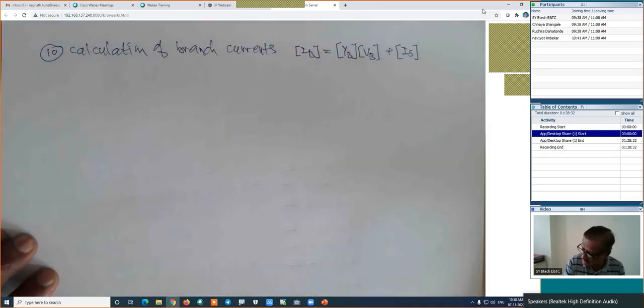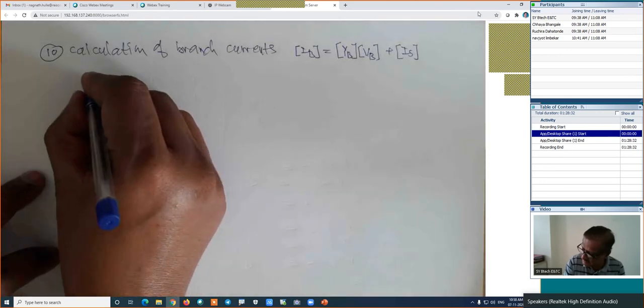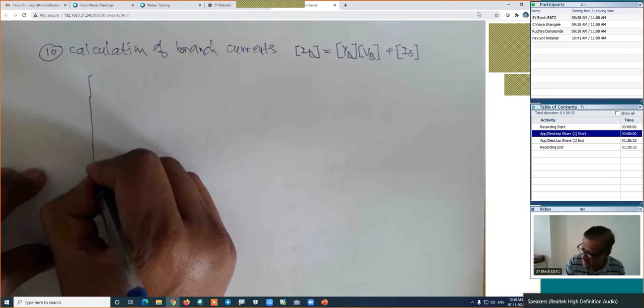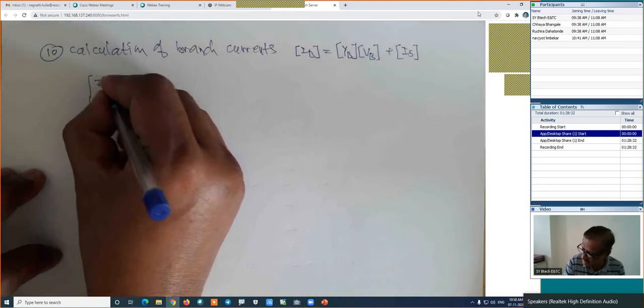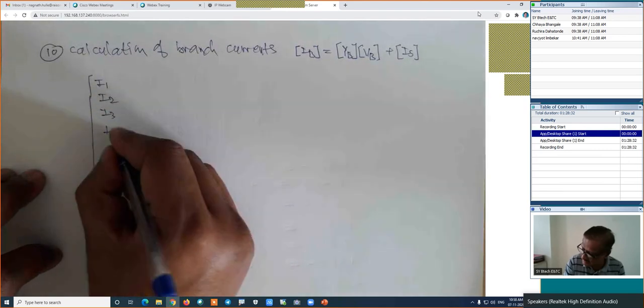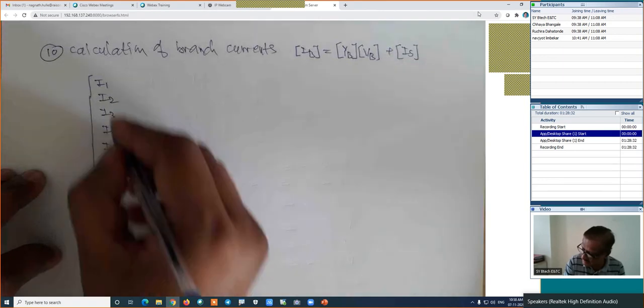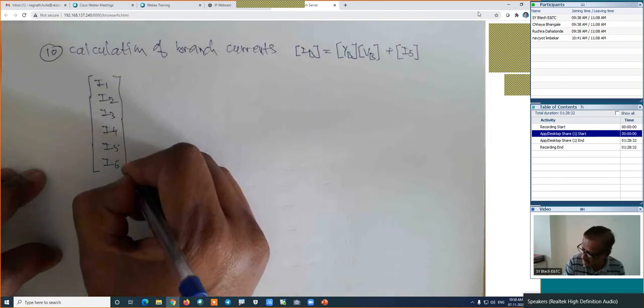IB is nothing but branch currents. How many branches do we have? 6. Because this IB will be something like this: the first branch current, second, third, fourth, fifth, and sixth branch current, which is I1, I2, I3, I4, I5, I6.